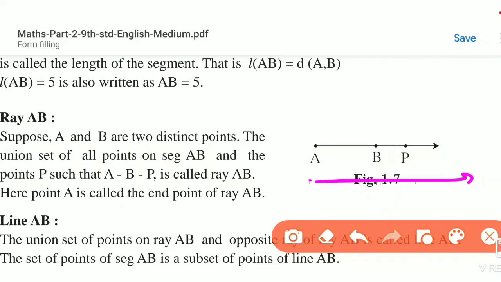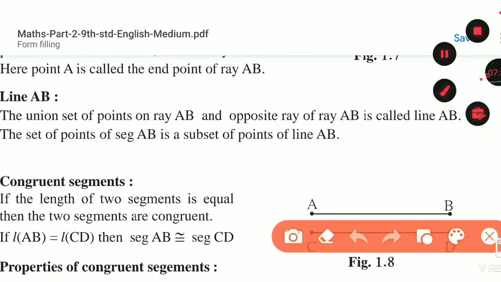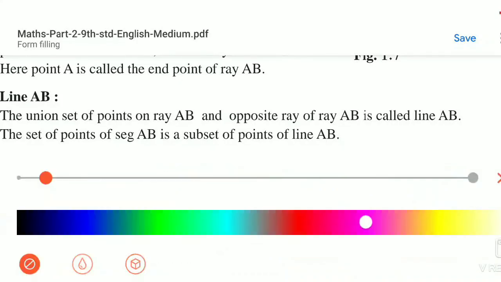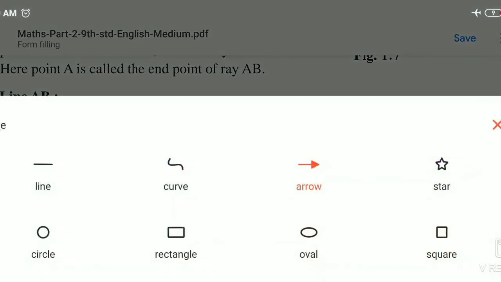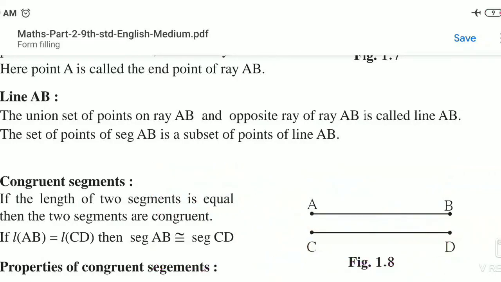Then after moving on to line AB, suppose this is line AB, this is point A and this is B. The opposite ray of AB together with ray AB, their union set, is called line AB.